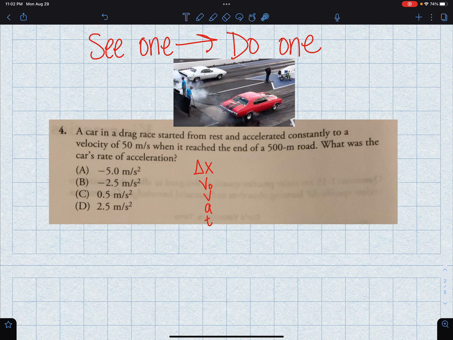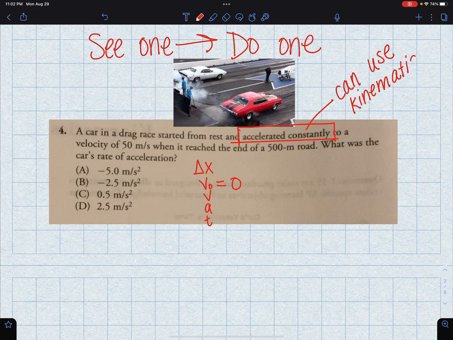So we have a car in a drag race started from rest. What is that telling us so far? We know that v₀ is 0. And it accelerated constantly. That's just telling us that we can use these kinematic equations, because these kinematics are valid whenever there is constant acceleration.